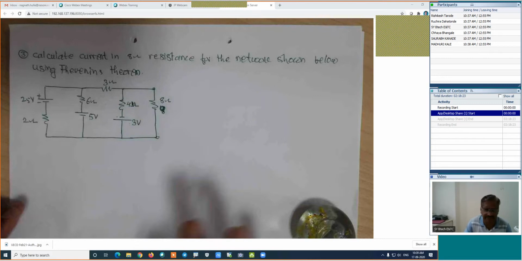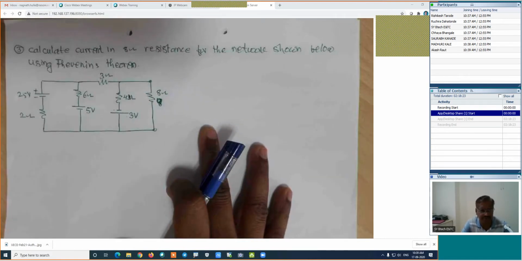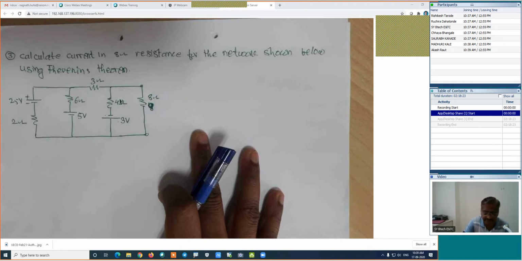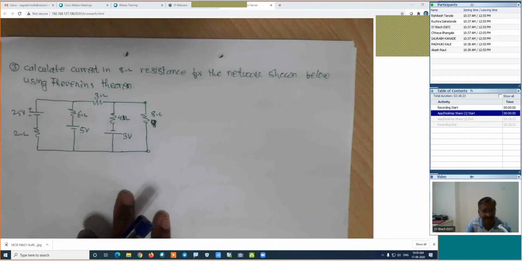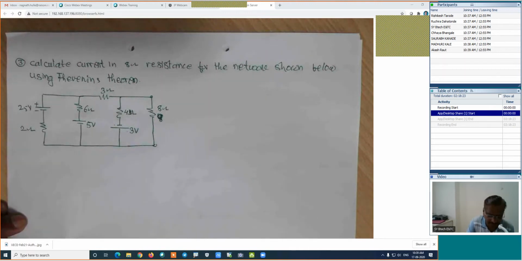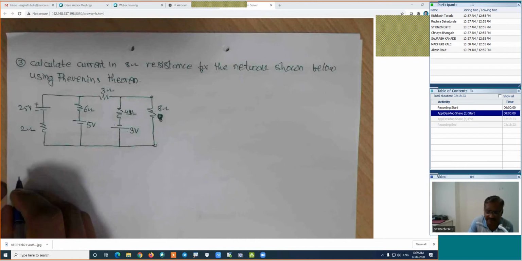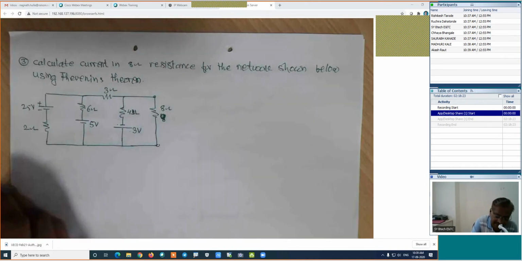Now, to begin with, what is the first point? Removing the load resistance and redrawing the same circuit. We will remove the load resistance and redraw the same circuit.